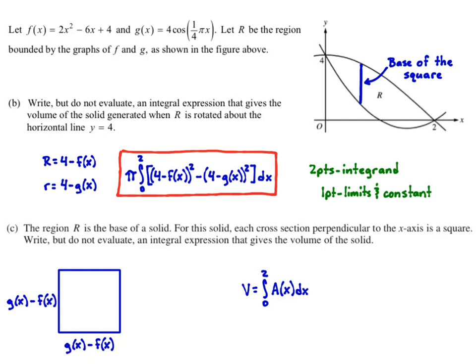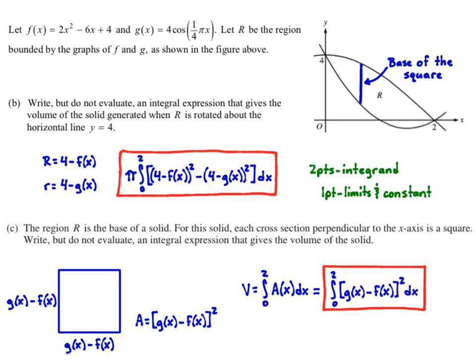And in order to find the area of this, I would just say g of x minus f of x squared. And that's the area of the square. And so all I have to do is plug that into my integrand. And so the volume is equal to the integral from 0 to 2 of g of x minus f of x squared dx.